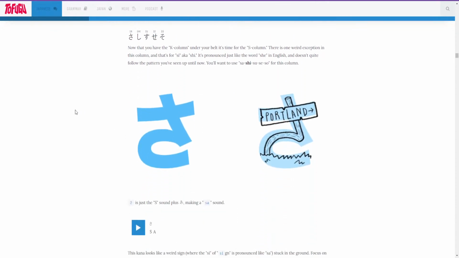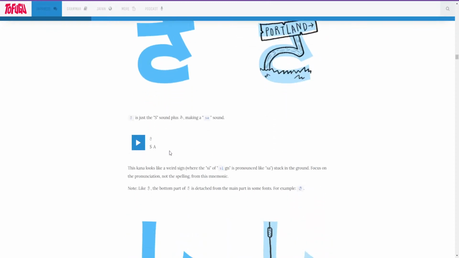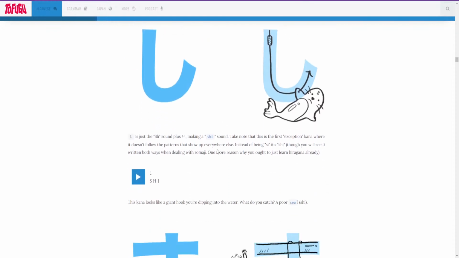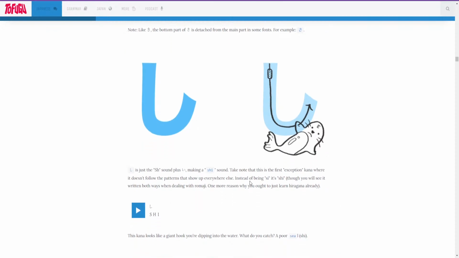And then next we move on to the Sa column, which has our first exception. So like normal, we have Sa, which looks like a sign. And then we have our first exception, which is Shi, spelled in romaji S-H-I, Shi. And it looks like a little hook. Captured a shield. I know that's not how you say it, but Shi.